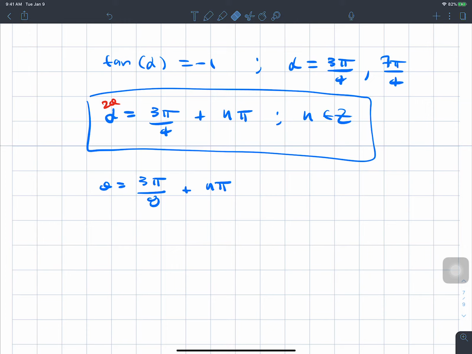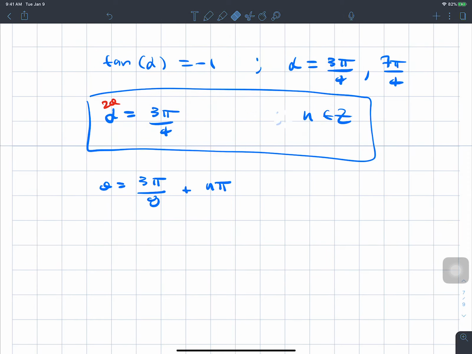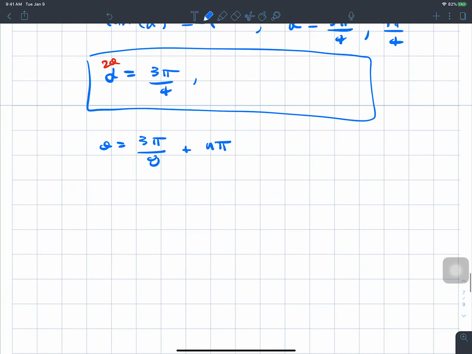So n is 1, that's 4. We're going to get rid of this here. So here are my angles. Hold on, let me double check that. We're going to say here, n is 1 now.